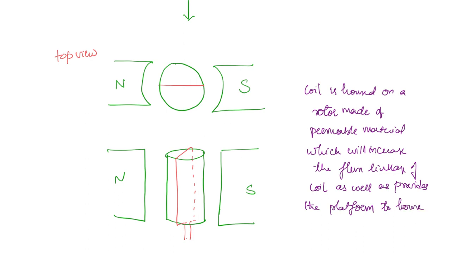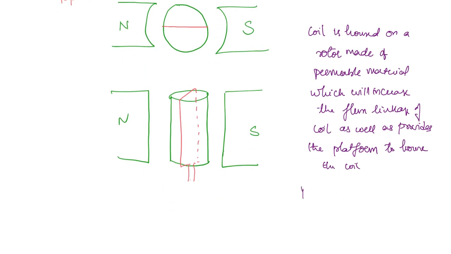Otherwise where will the coil be placed, right? So it will be placed on the rotor. Now this rotor is connected to a shaft. It is coupled with a shaft. Rotor is coupled with a shaft.